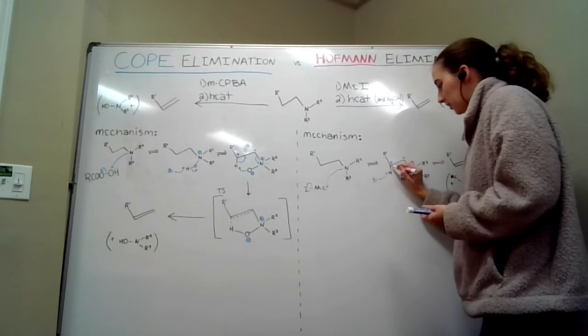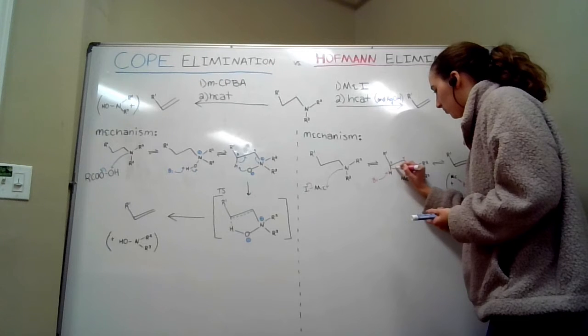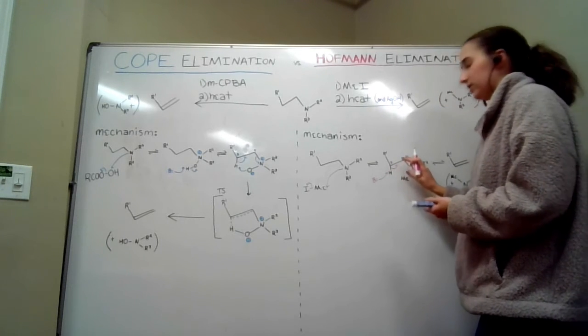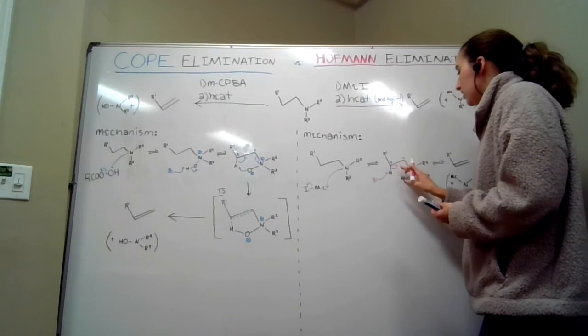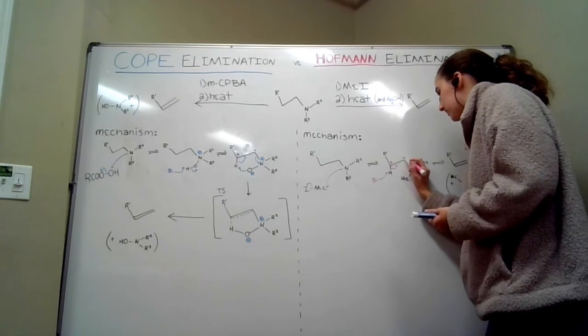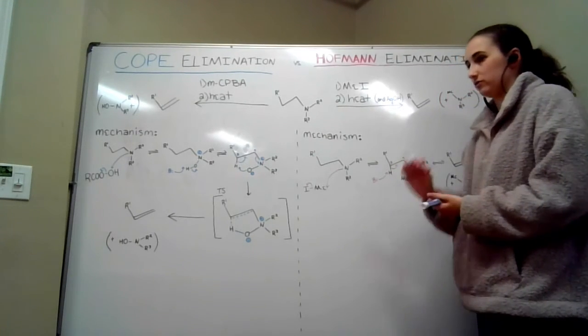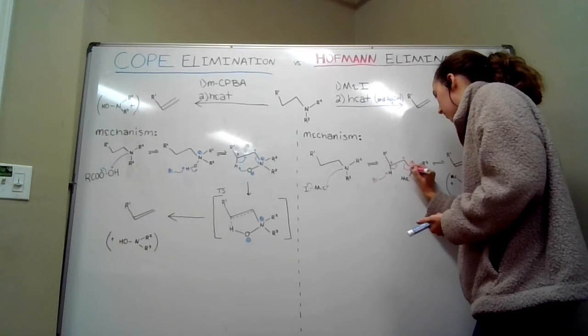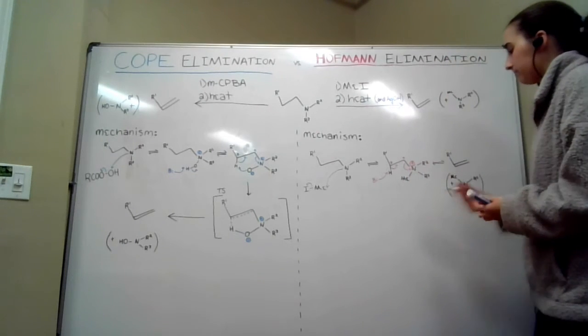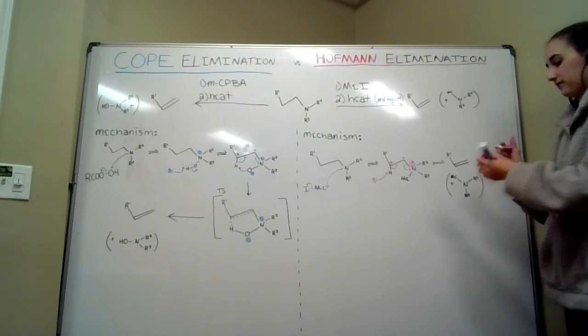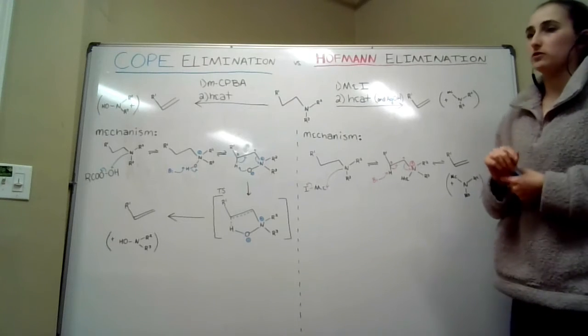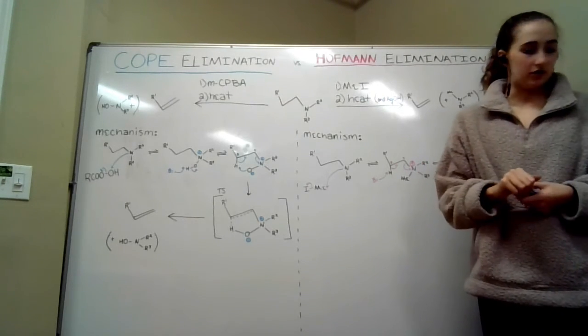The electrons from the carbon-hydrogen bond will swing and make the double bond, and the double bond will force the carbon-nitrogen bond, those electrons, to go onto the nitrogen and make a lone pair, leaving us with our final product.